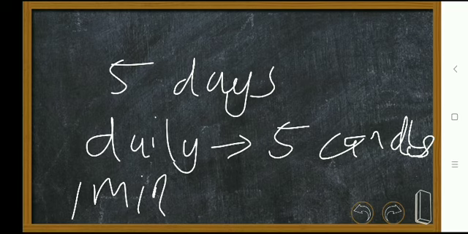Every minute, for the past minutes I've been talking, a candle was formed. But for a daily, since this day is not over yet, there's still a candle which is to be formed. It's not complete. It has started, but it isn't complete.